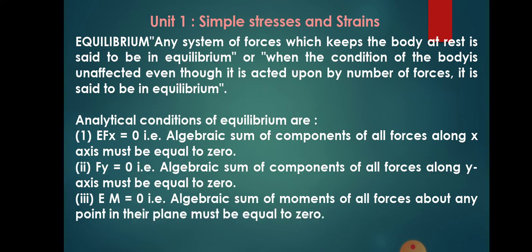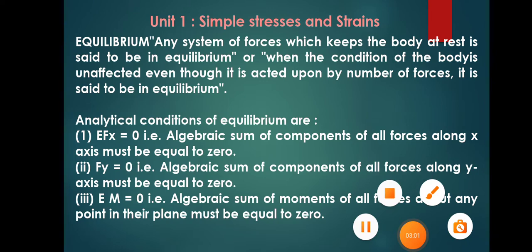So analytically there are some conditions. Sum of Fx equal to 0 means the sum of the horizontal forces is equal to 0. The algebraic sum of the components of all forces along the x direction must be equal to 0, and along the y axis, the forces acting along the y axis must also be 0. And the sum of moments, the summation of M, is equal to 0.